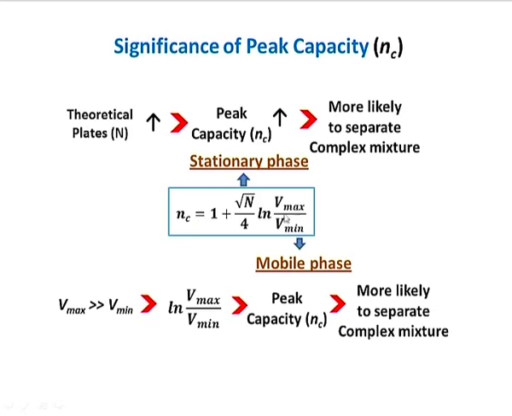This means the factor Vmax upon Vmin turns out to be 500 upon 10, which comes out to be 50, and n is 10,000. If you solve this equation, your Nc comes out to be approximately 100, which means for such a column, a mixture of around 100 components can be separated in one single chromatographic elution.